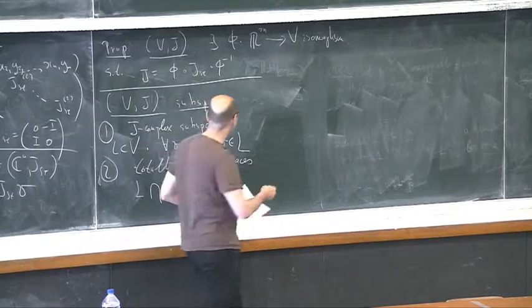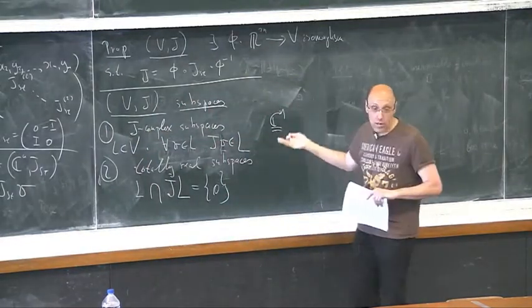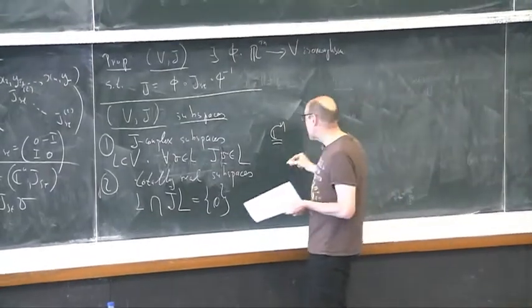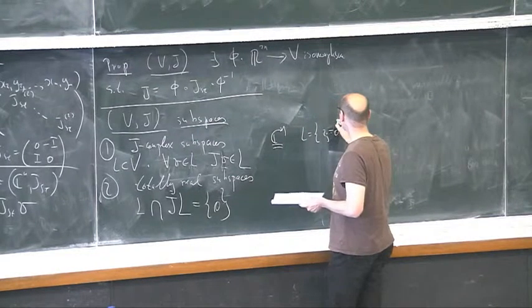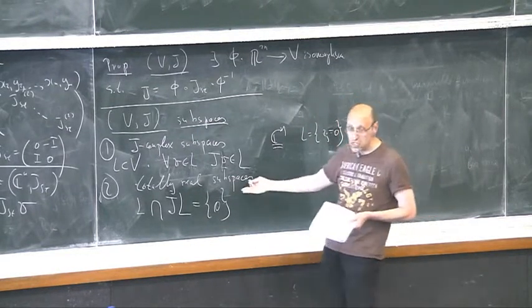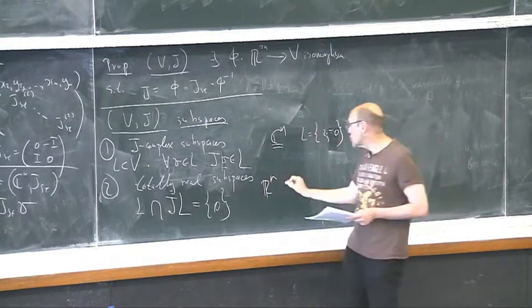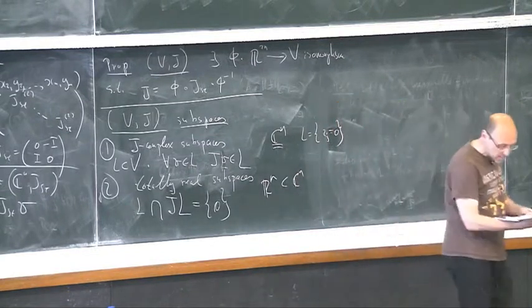So typical examples are, for instance, if you are in Cn, any zero set of a complex linear form, a usual complex subspace, something like z1 equal to 0 in standard coordinates. In this case, you can think about Rn in Cn, a typical example of a totally real subspace.